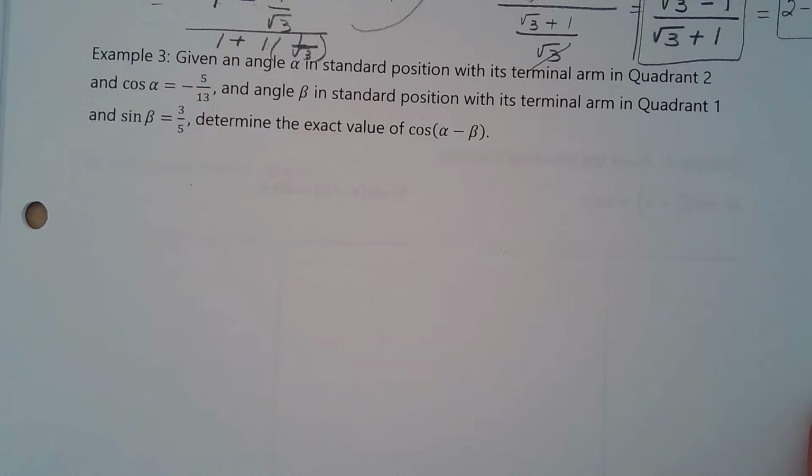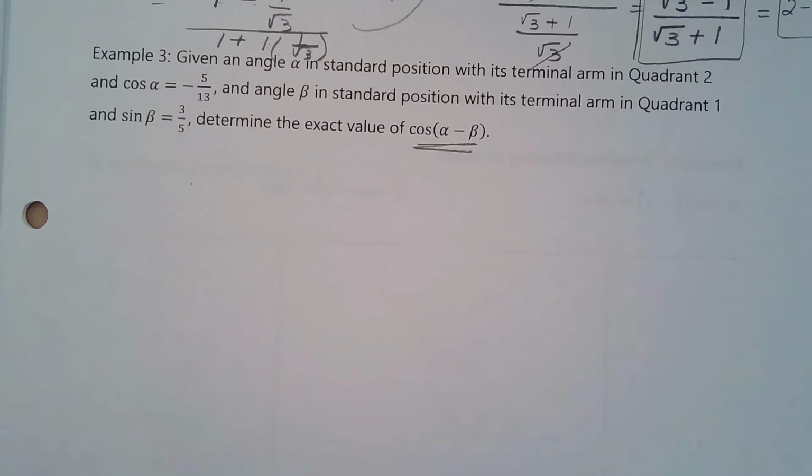Given an angle alpha in standard position with a terminal arm in quadrant 2, and cos of alpha is negative 5 over 13, and angle beta is in standard position with its terminal arm in quadrant 1, and the sine of beta is 3/5. Determine the exact value of that.